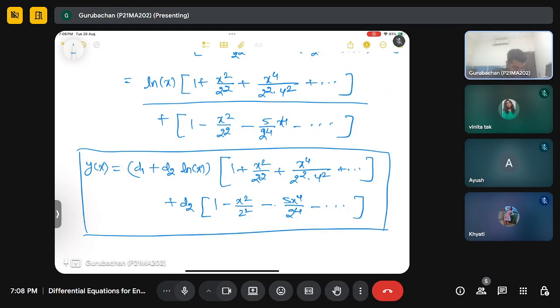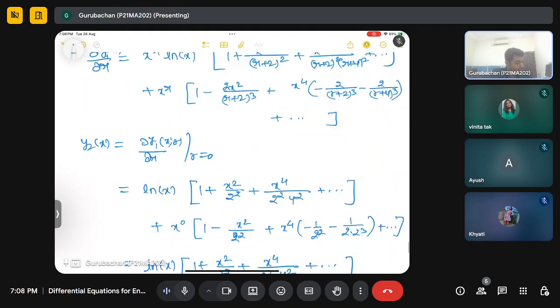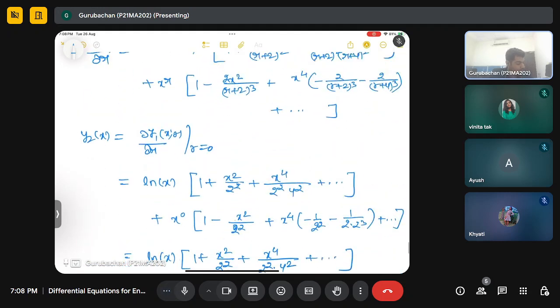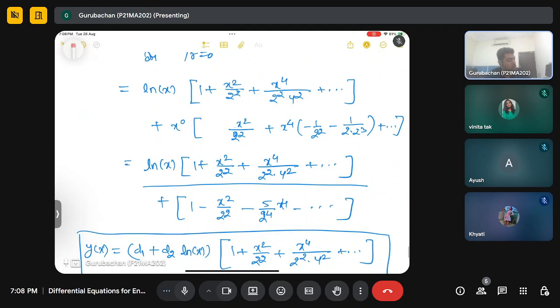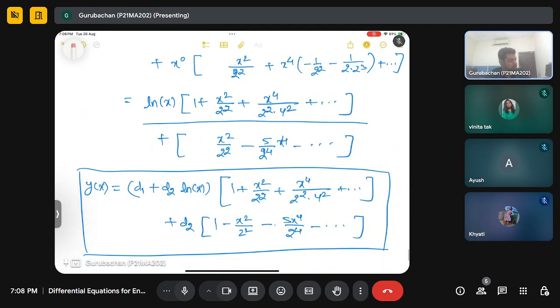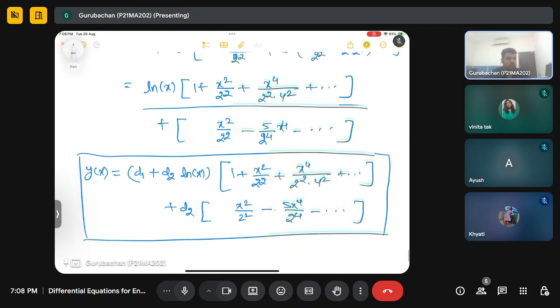So let me just verify this answer, whether it is written correctly or not. So this is 1 minus x squared by 2. So we need to differentiate with respect to r. There is just a small error. So this constant term will go, and this series will be starting from this.